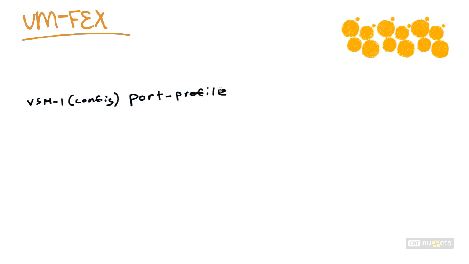This is our concept inside the 1000V that coordinates to those port groups that we mentioned inside of VMware. So we have our port groups in VMware, and we're going to create port profiles in the 1000V to coordinate with those.